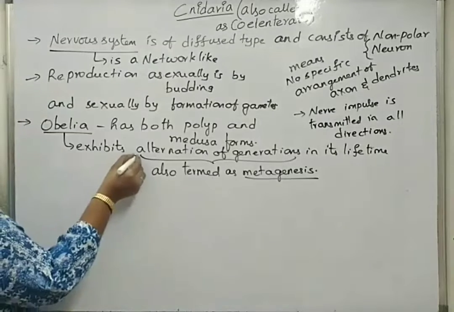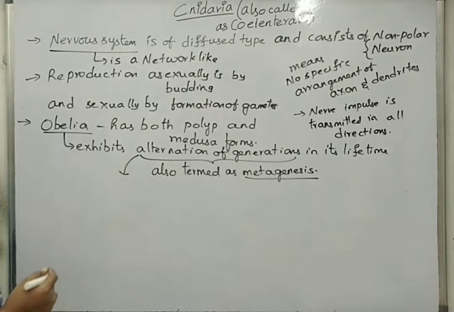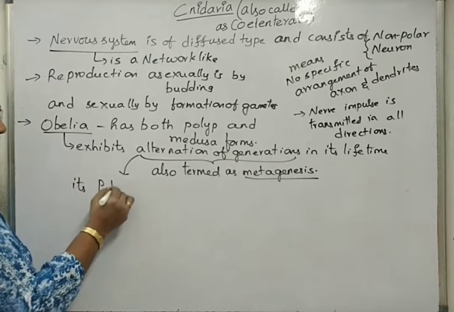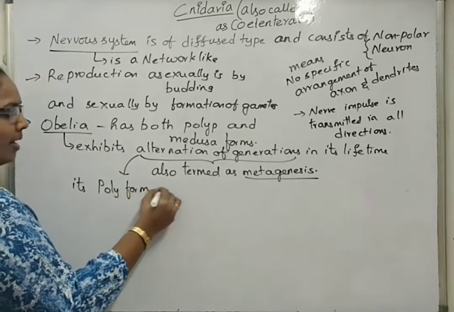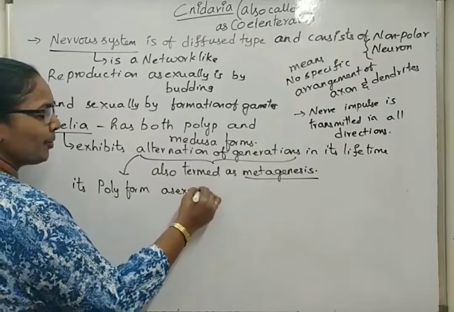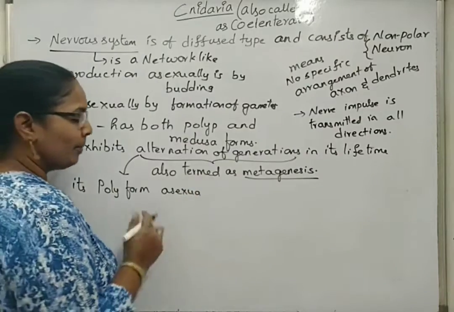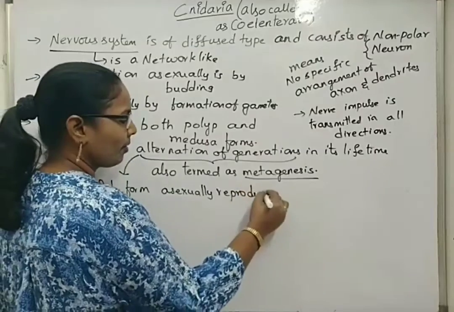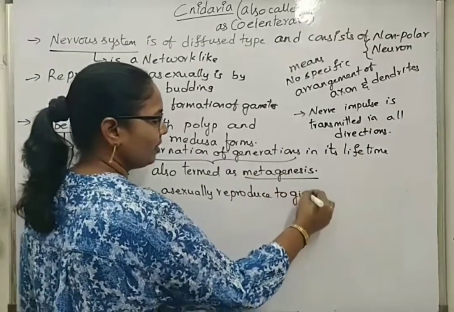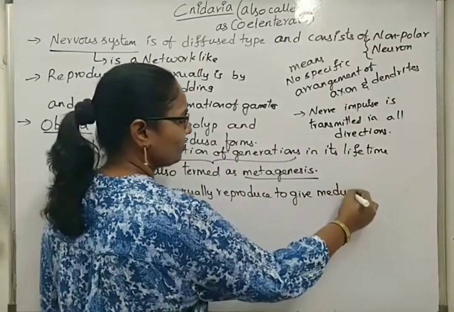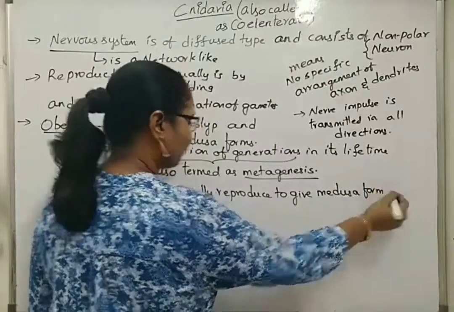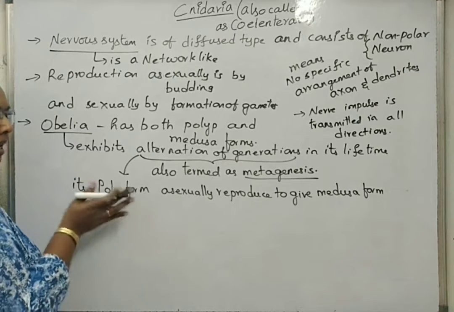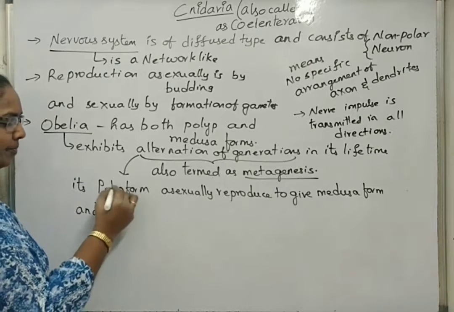How this happens? This alternation of generations, it is done like its polyp form asexually reproduces and gets converted into Medusa. Asexually reproduce to give Medusa form, and Medusa form sexually reproduces and gets converted into polyp form.